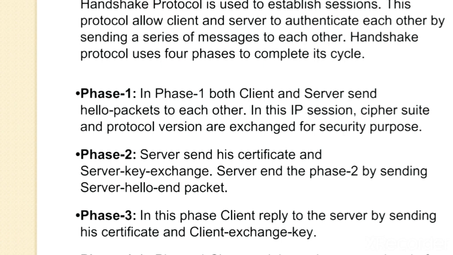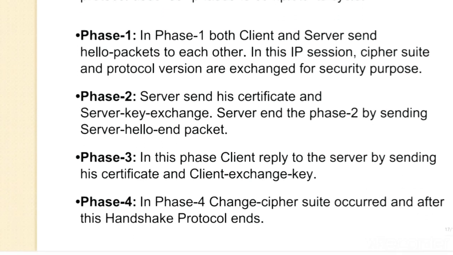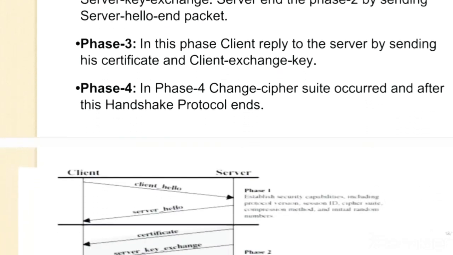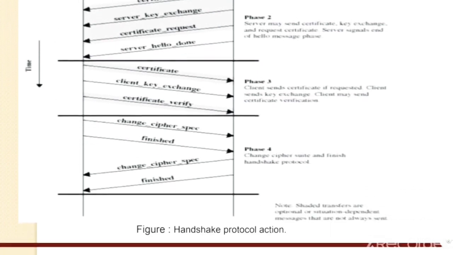Then in the second phase, the server sends its certificate and server key exchange. The server ends phase 2 by sending the server hello done packet. In phase 3, the client replies to the server by sending its certificate and client key exchange. And in the last phase, the cipher suite is changed, and after this the handshake protocol ends.